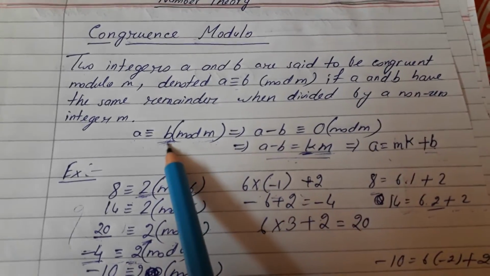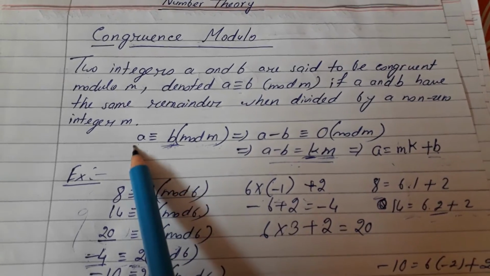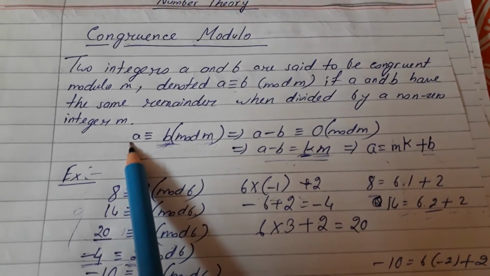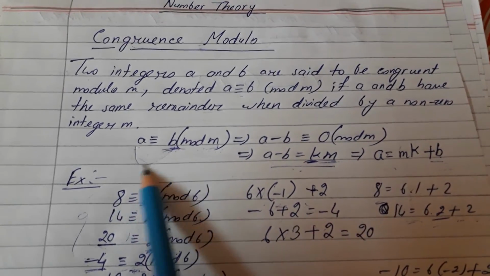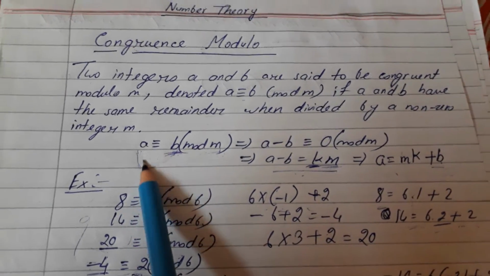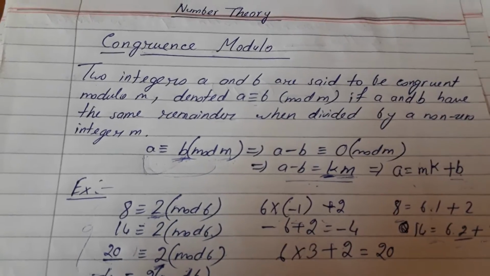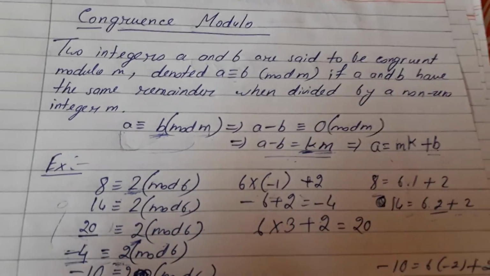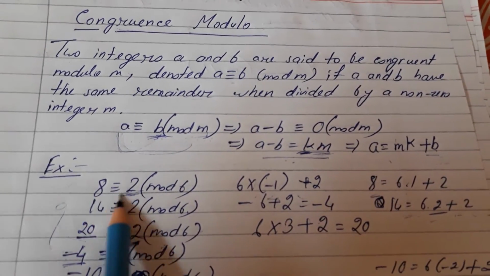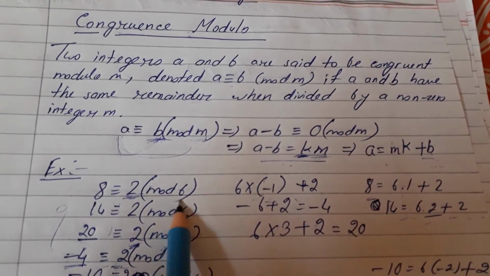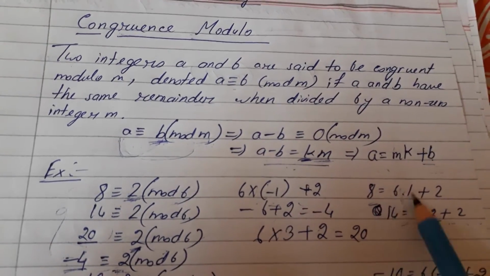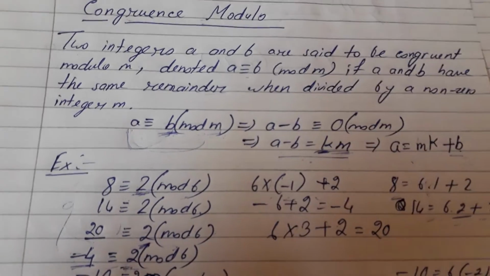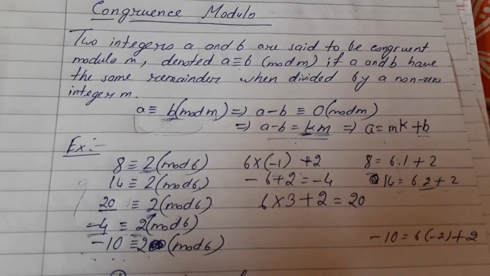And if this B number is less than any of these two numbers, it may be less than A or it may be less than M, then B will be the remainder. See, the example is 8 congruent 2 mod 6. So 6 is the divisor. So 6 into 1 plus 2. Why 2? Because 2 is given to you, so you will get 8. So in this you have to solve this. So I think you have understood.